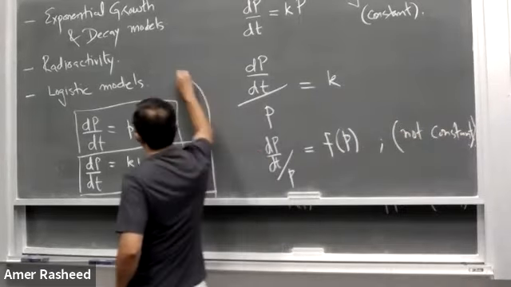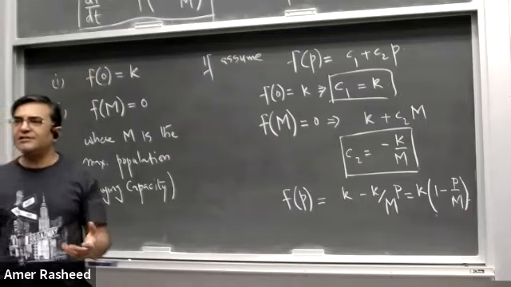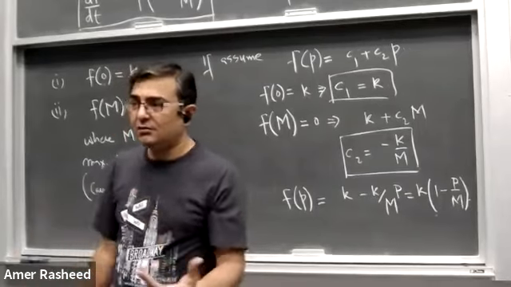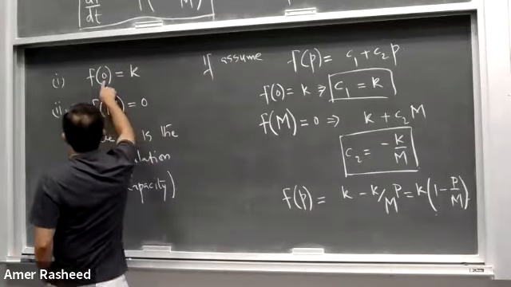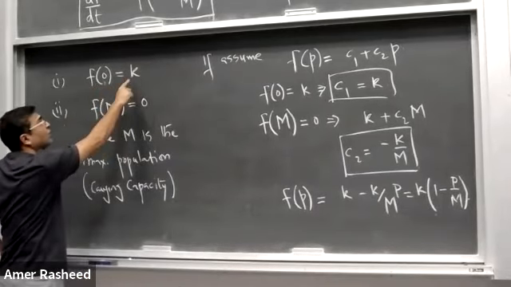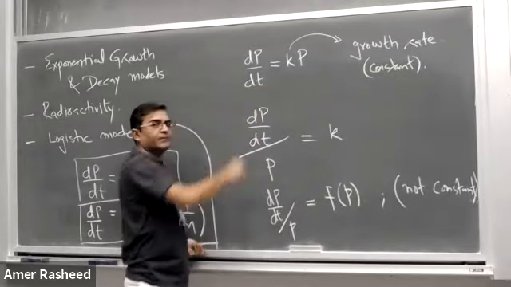It's the growth rate. The growth rate of that population will be maximum. You can say that it's k. We put p equal to 0 here, then the growth rate would be equal to k, and it gives us this model.